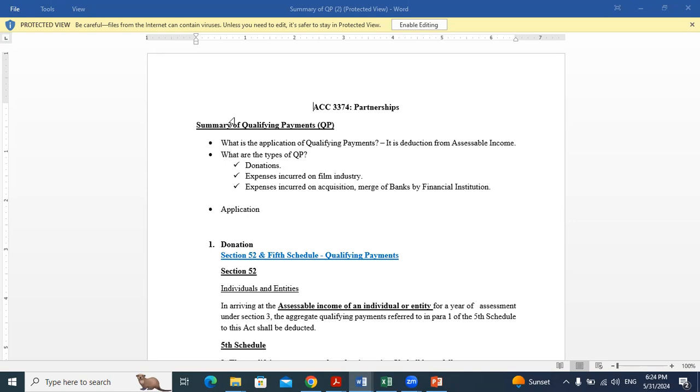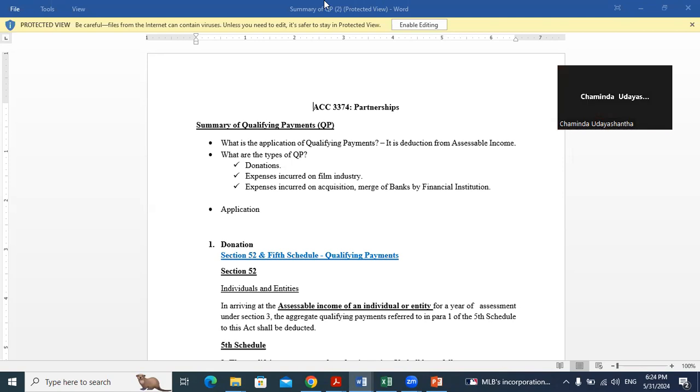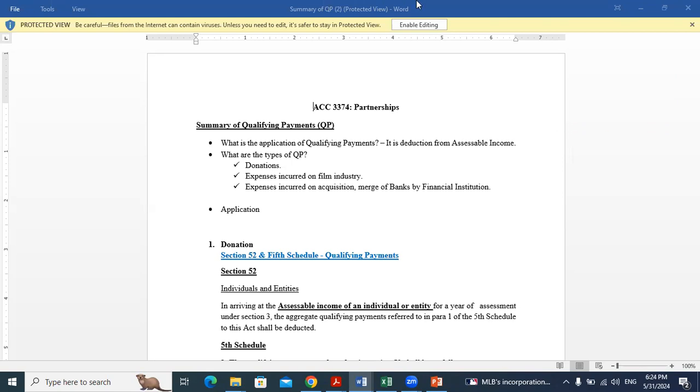Thereafter, there are business entities. For these entities, what is covered in the Act is limited liability companies, partnerships, and trusts. Other than that, we have individuals and entities.